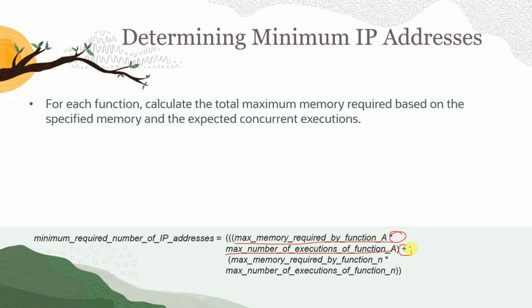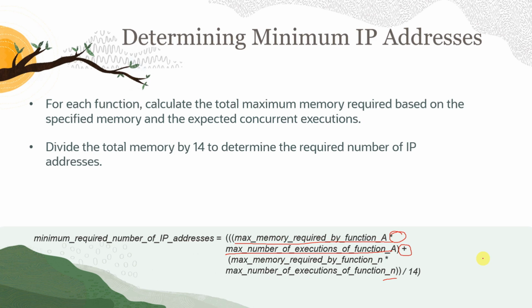Next, you must add together the total maximum amounts of required memory for every function that will execute concurrently in subnets in the same VCN to produce an overall total maximum amount of required memory in GB for all functions.